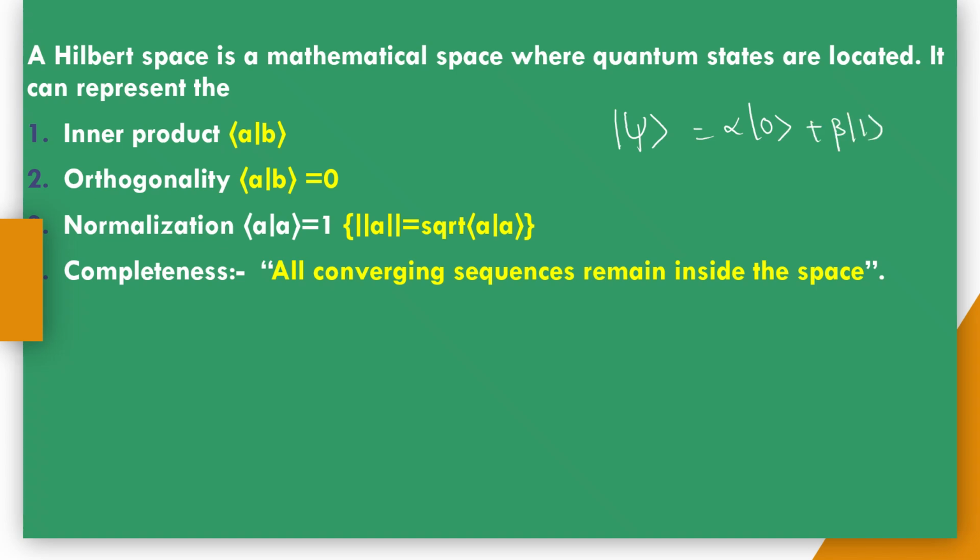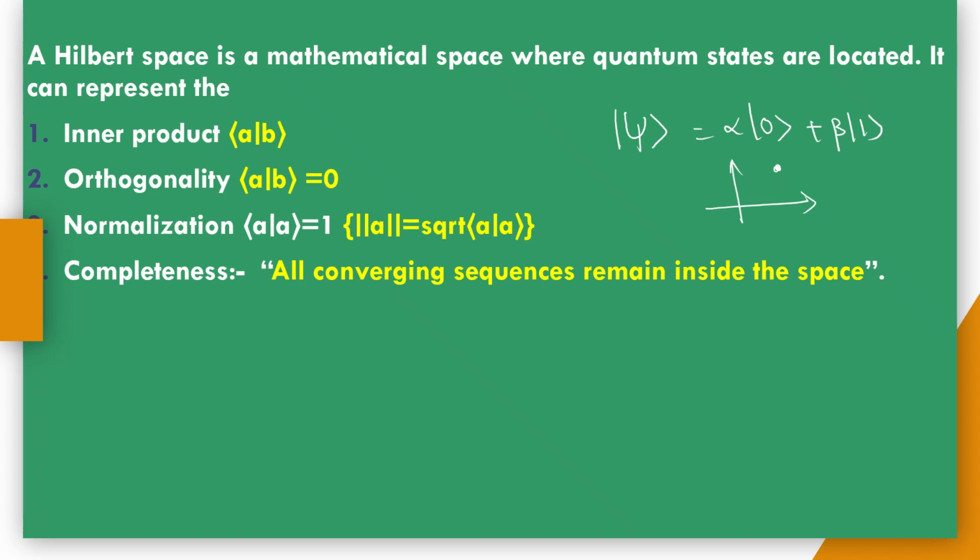How we represent this particular quantum state in the Hilbert space gives the information related to the qubit. Every operation relates to the inner product, orthogonality, normalization, and completeness.